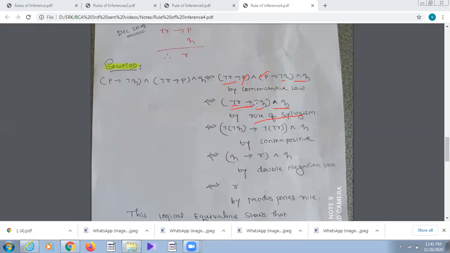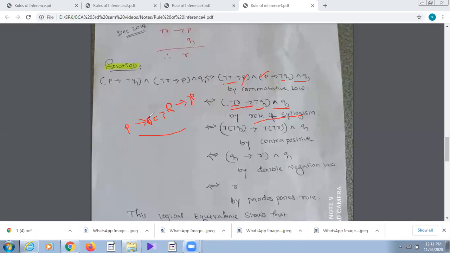Contrapositive means P conditional Q becomes negation Q conditional negation P. So this is the contrapositive.